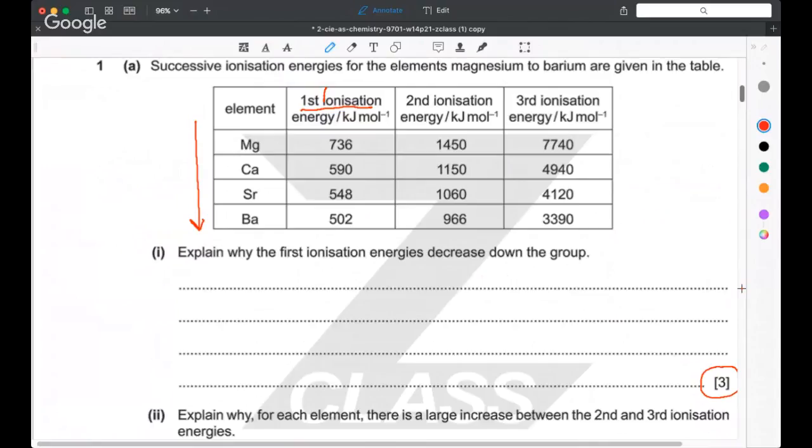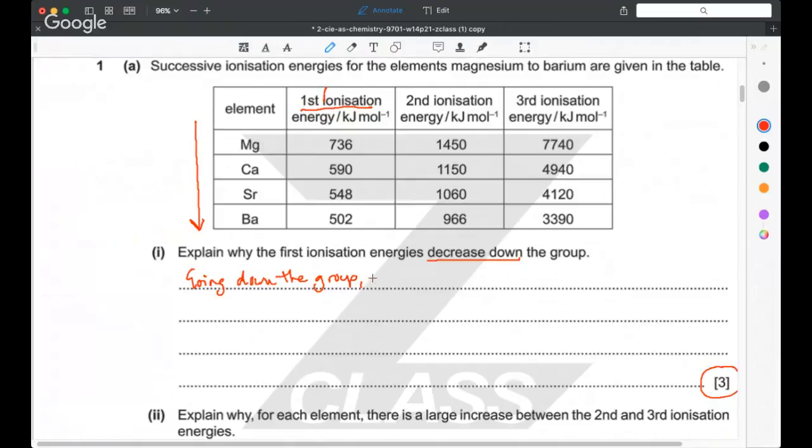The explanation is that going down the group, what are the trends?